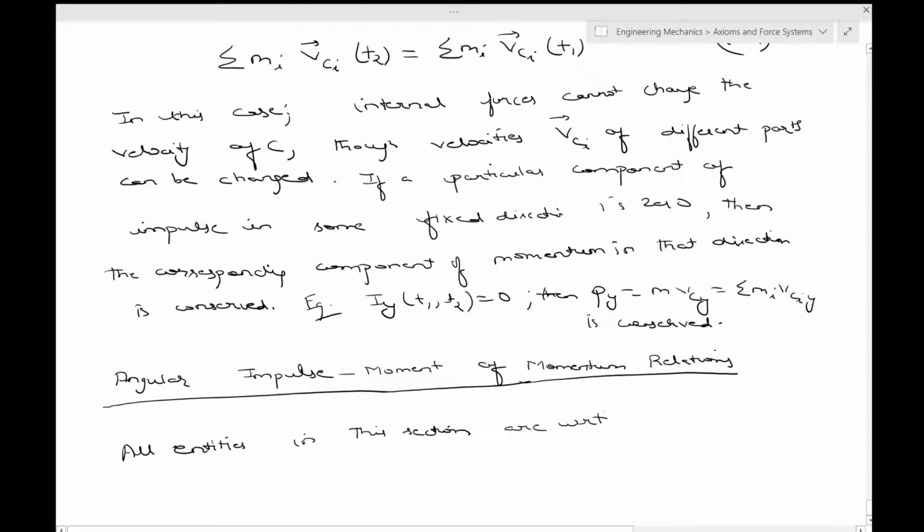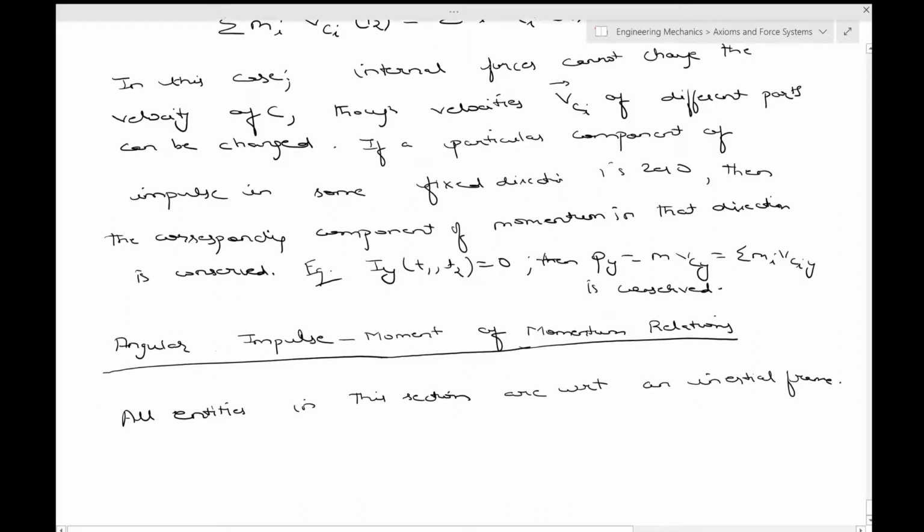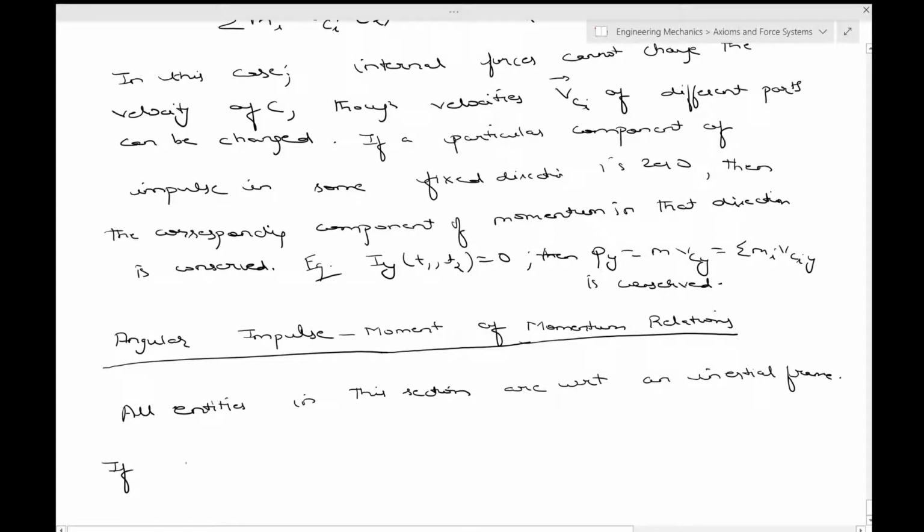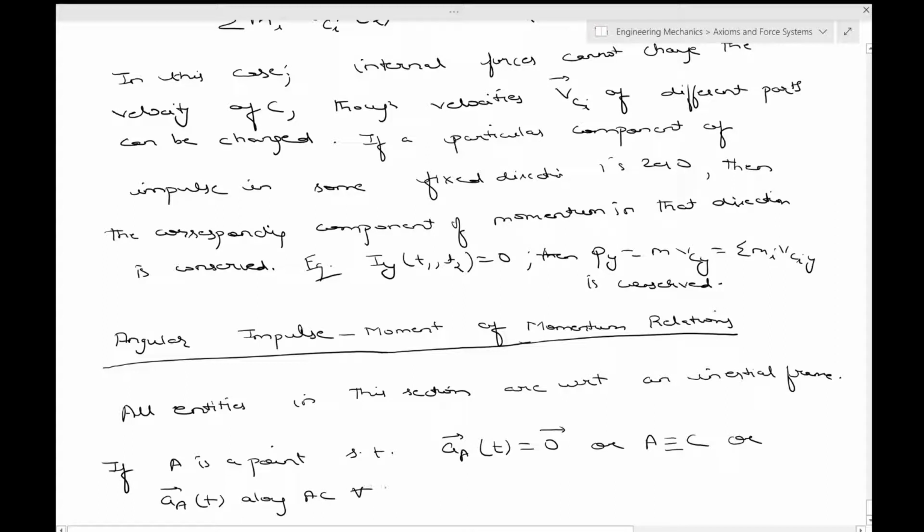Are with respect to an inertial frame. So if A is a point such that the acceleration of A at time t is 0, and obviously this is with respect to an inertial frame, or A is the same as the center of mass, or the acceleration of A is along AC for all times, then M_A is equal to H_A dot.